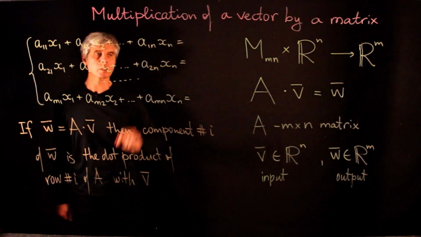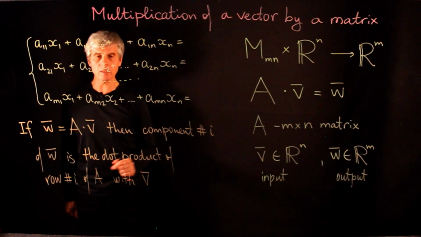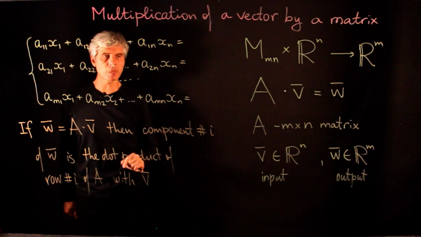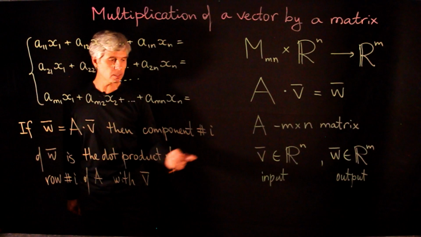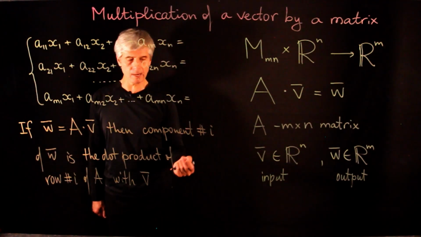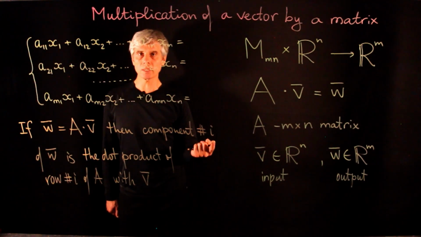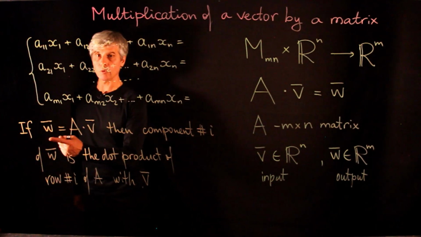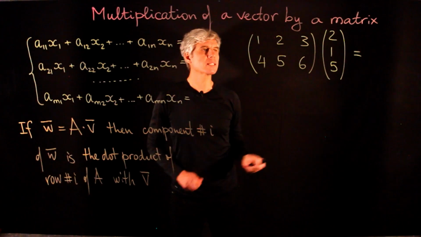The row number I of A is again a vector with n components, and V is a vector with n components. So when we take the dot product, we get a number, and this number is component number I of the output here.